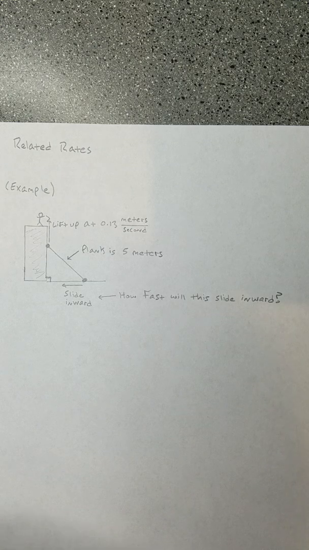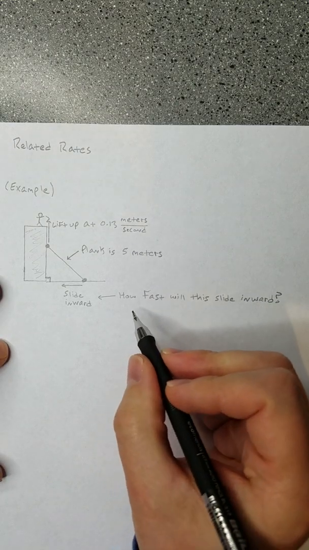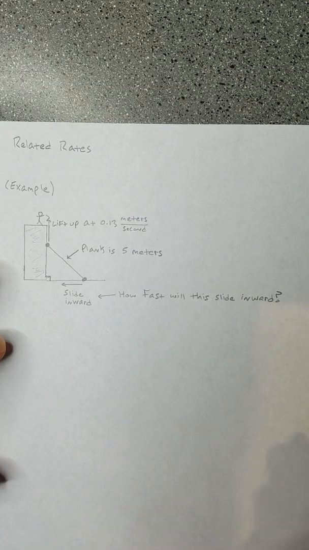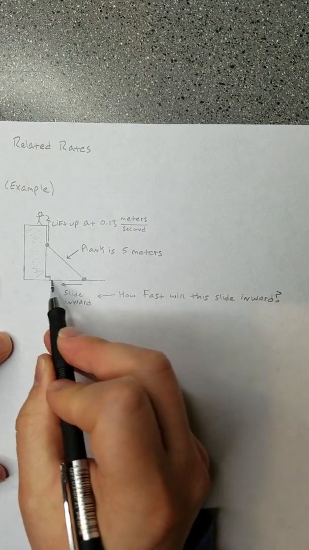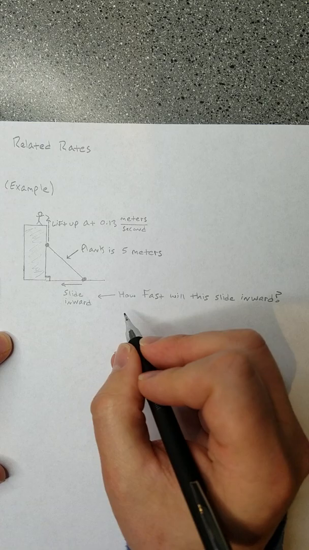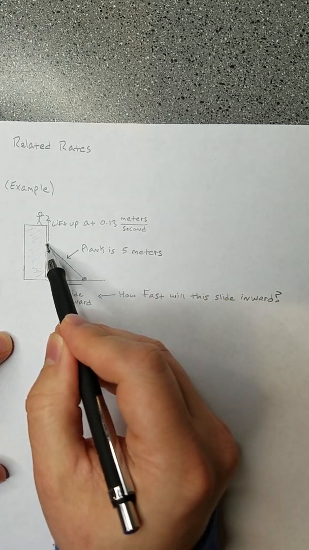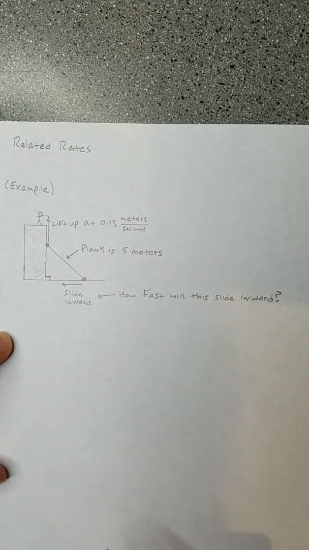Now, so let's do this. Let's say, to make this question where I have a very firm answer on it, I'll say, how fast will this be sliding inwards when, let's say I'll have to tell you the top is at a certain spot, okay?